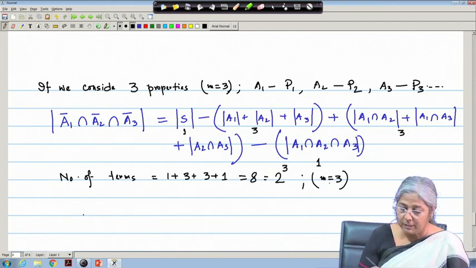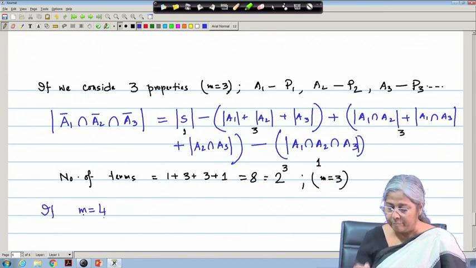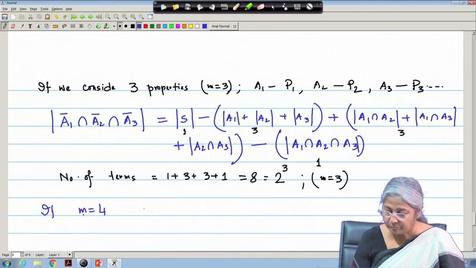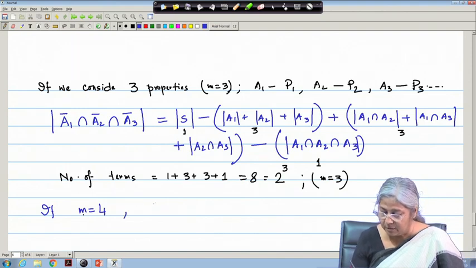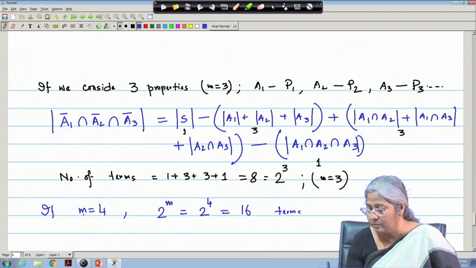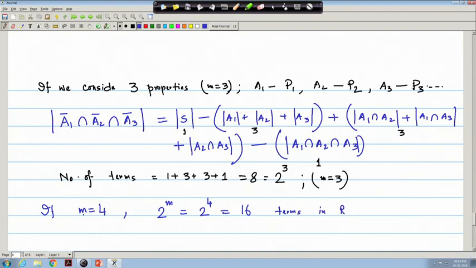So, if we generalize, if m equal to 4, then similarly the number of terms will be 2 to the power m equal to 2 to the power 4 equal to 16 terms in the right hand side.